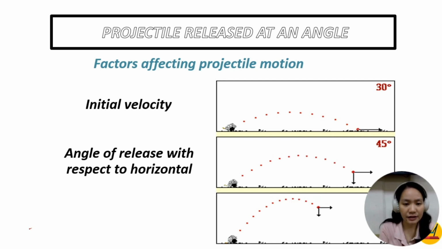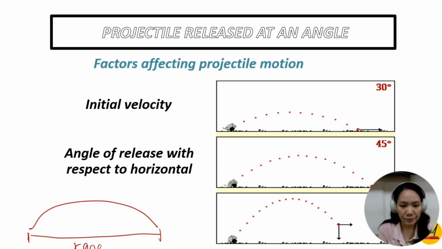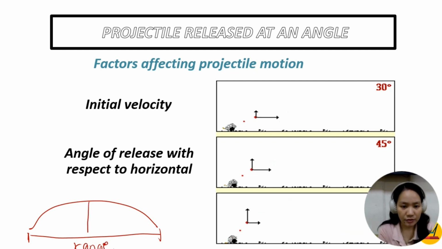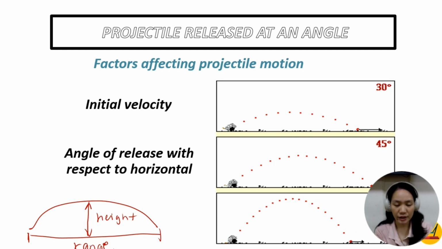This distance is known as the range. And another displacement along the vertical, and this is the height.